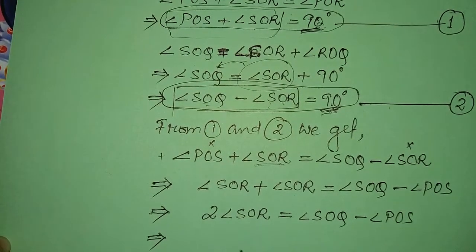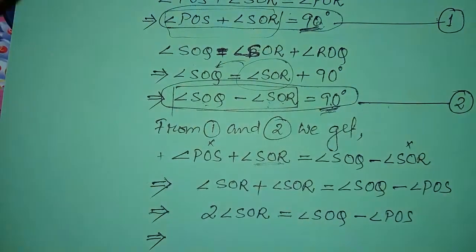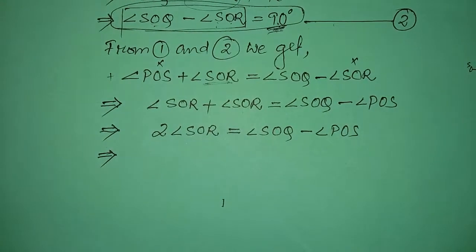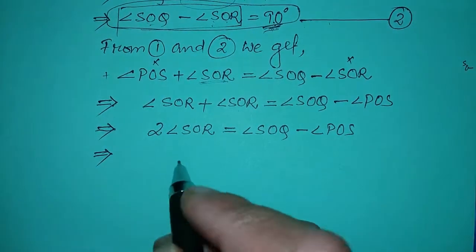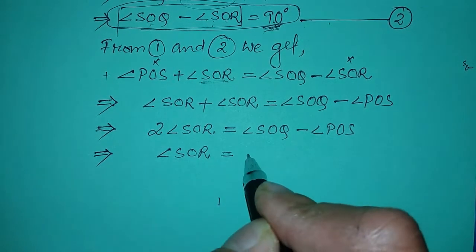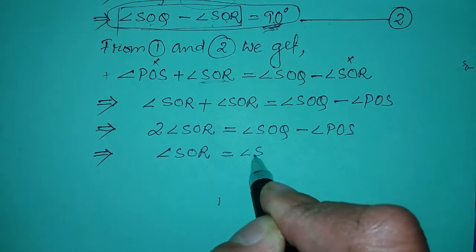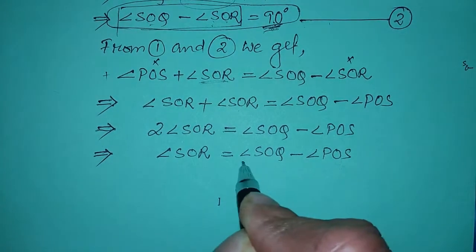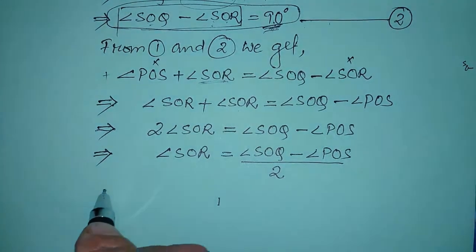Now dividing both sides by 2, we will get angle SOR is equal to angle SOQ minus angle POS by 2.